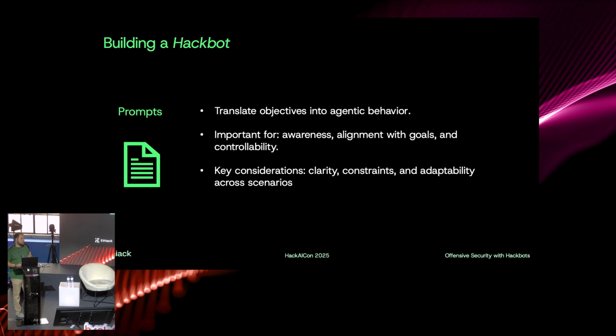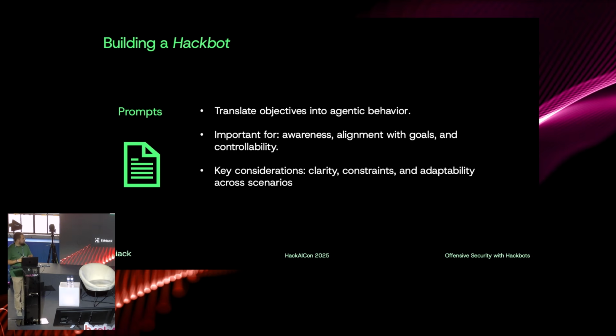And then we have prompting, or prompt engineering. Prompts serve as critical translation layers between human goals and the behavior of the agents. They are responsible for converting high-level penetration testing goals into specific and actionable instructions that the AI can follow consistently. This component is critical for empowering the models with information that is very critical for a given task.